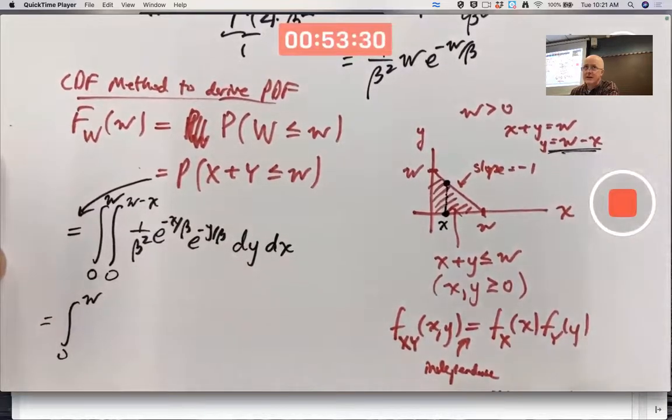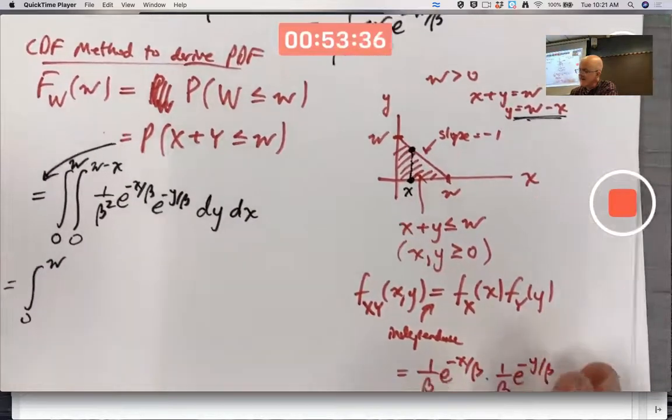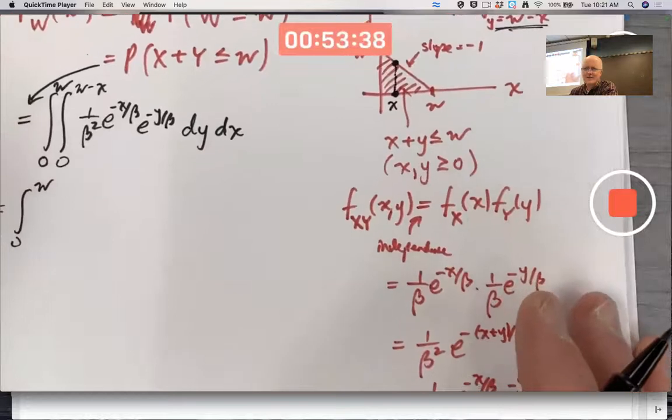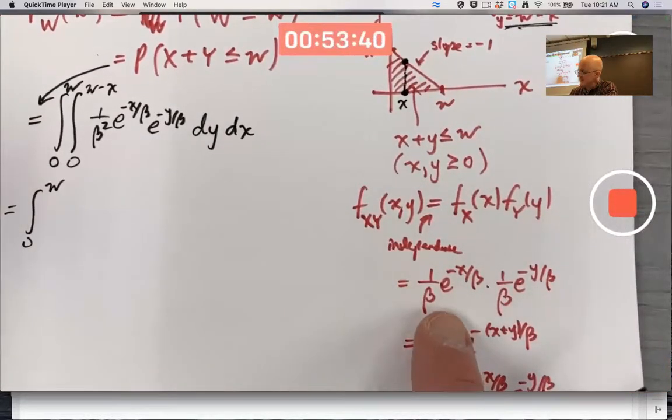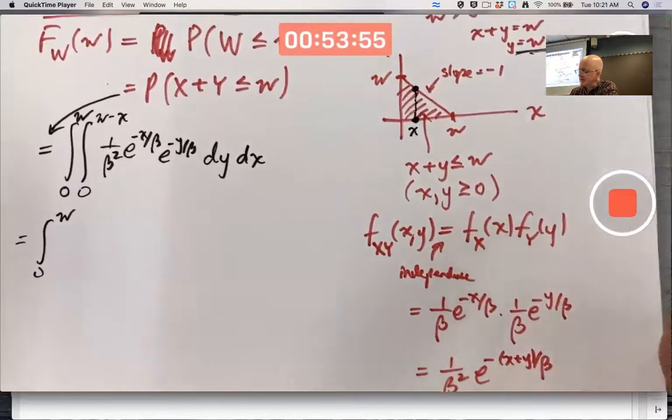Actually, I should be able to predict the answer for the inner integral. It should simplify to that. The PDF of x will be the same as the marginal distribution of x, though it's possible it could be some modification of that. Let's just see what happens.